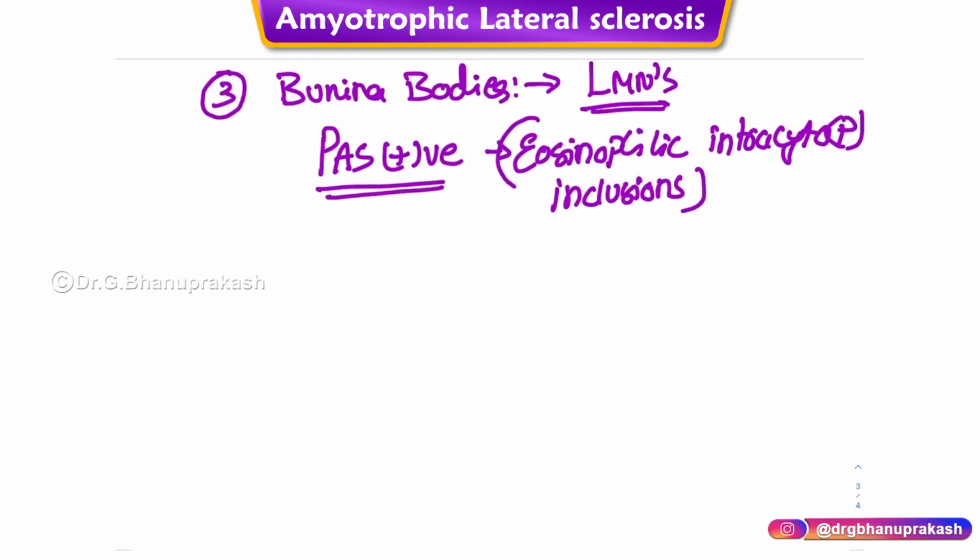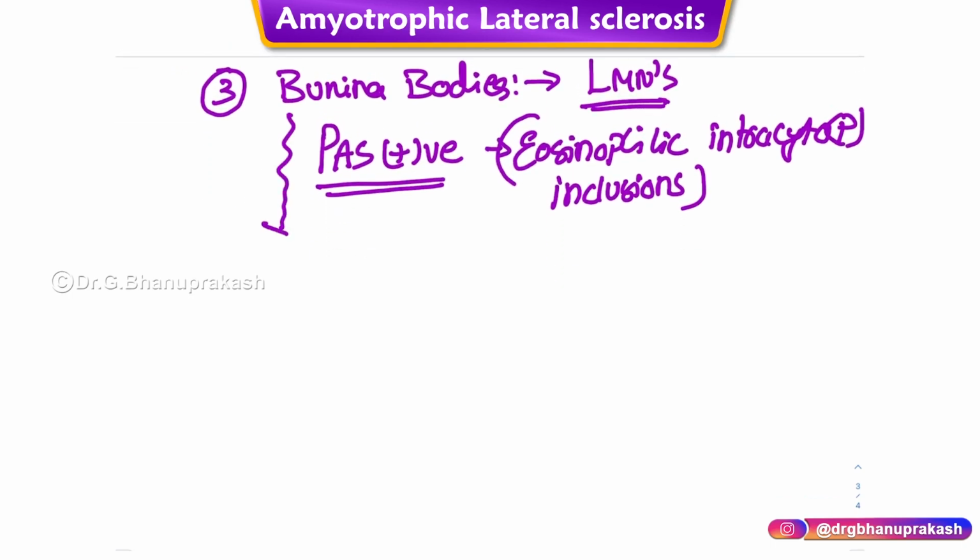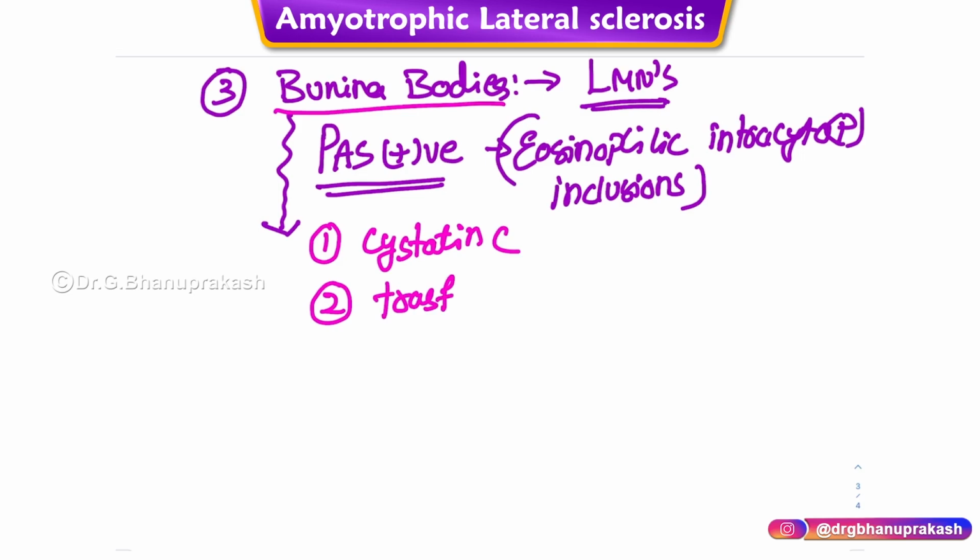And in these Bunina bodies, two important proteins are found. What are they? The first one is cystatin C. And another protein which is found in the Bunina bodies is transferrin.